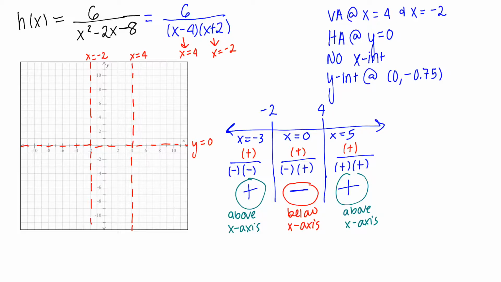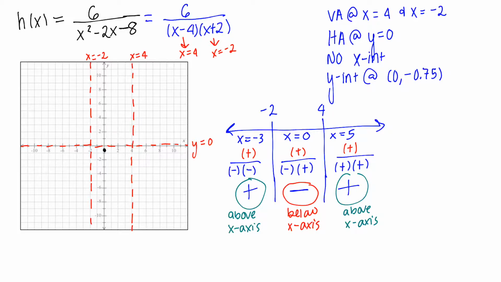And the nice thing here is that the way our sign chart is chunked is the same as how our graph is chunked up. So it's telling us a lot of information. Let me also plot the y-intercept of (0, negative 0.75).